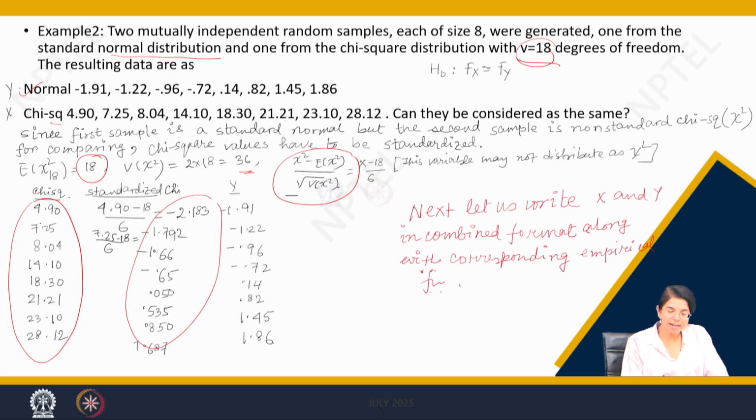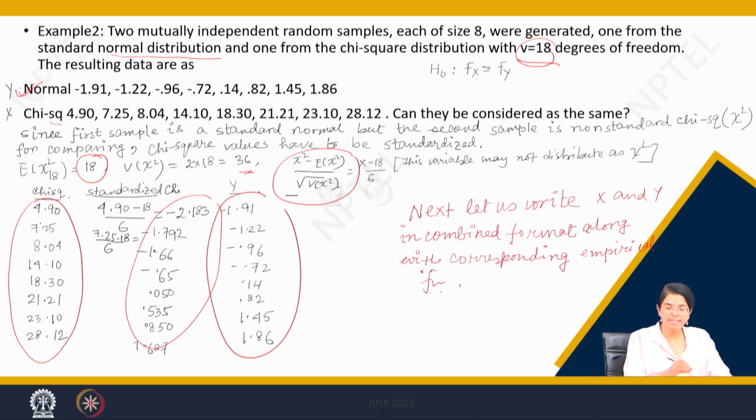These are your standardized chi-square values, but remember, after the transformation they might not follow the chi-square distribution. We are doing that standardization just to have parity with the other sample, which is a standard normal sample, right?